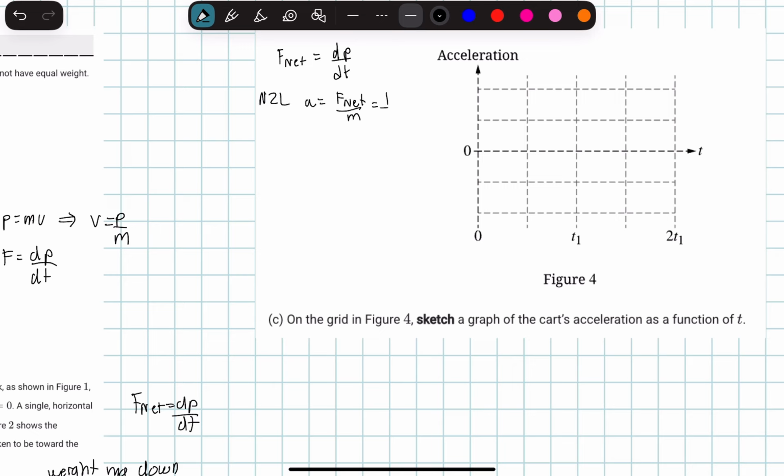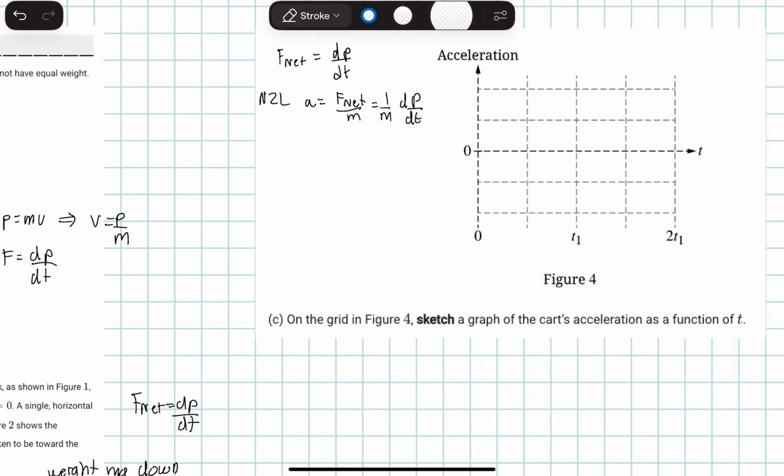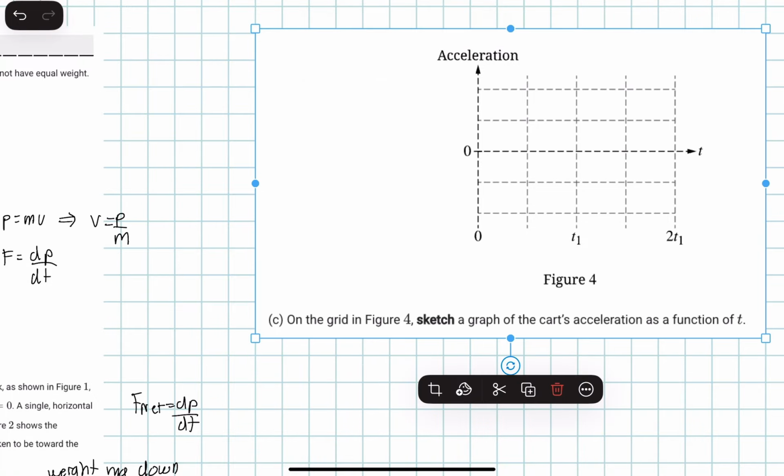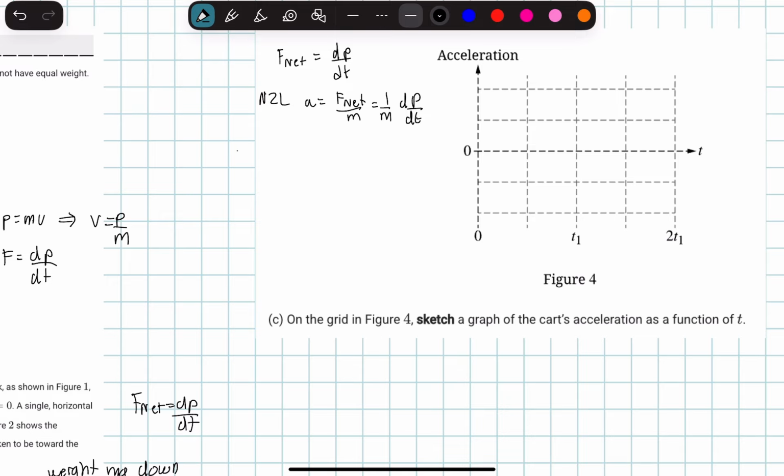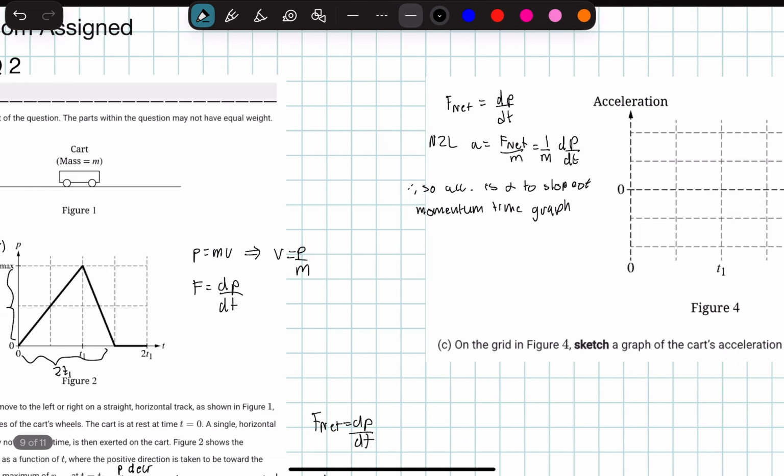So that's 1 over m dp/dt. So therefore, we know acceleration is proportional to the slope of the momentum time graph.